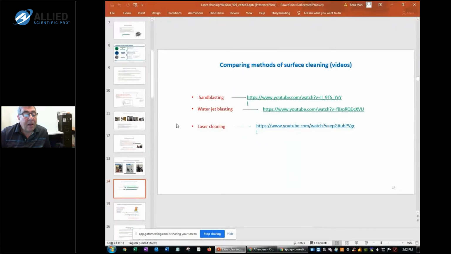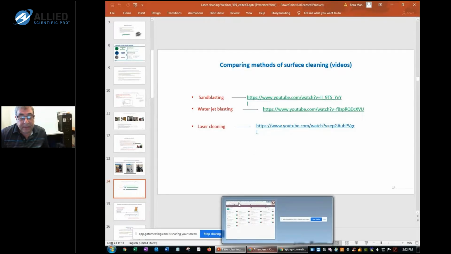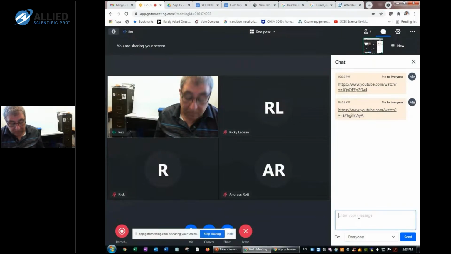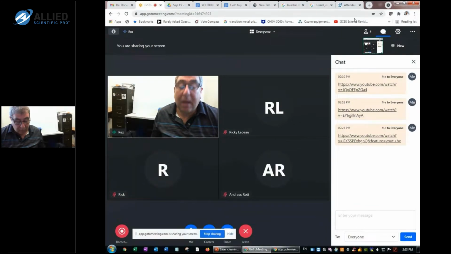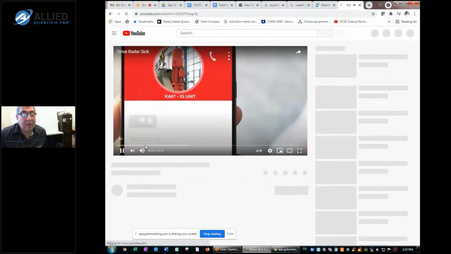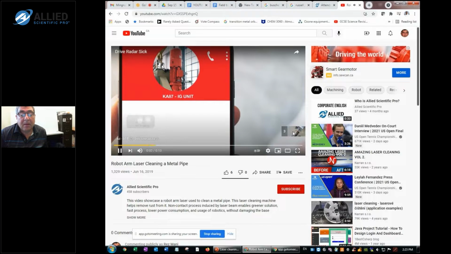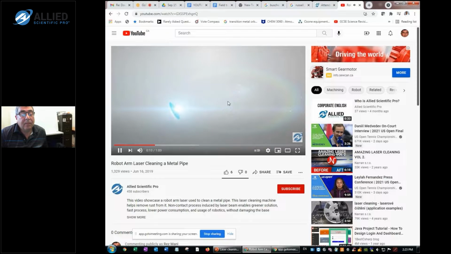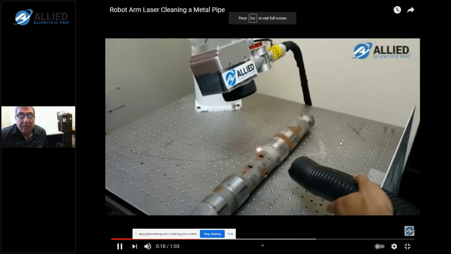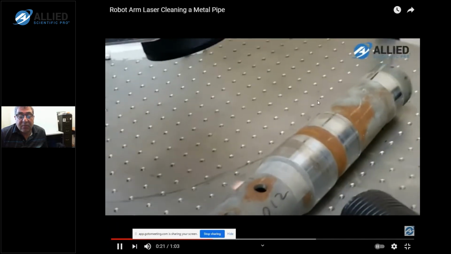Yes. I'll show you a video of the robotics. So here is the video of the robotics, which I will share with you. And I will also play it. So here you can see the robot is cleaning the rust from this pipe.